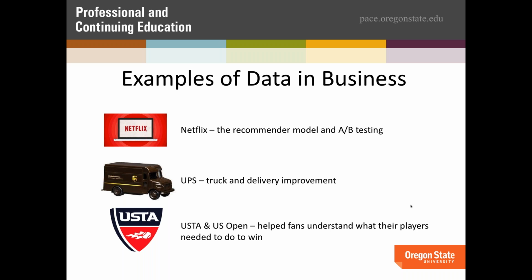You could even look at a sports organization like the US Tennis Association and the US Open. They use a lot of analysis that actually helps us as fans look at their favorite players, but it also helps the players improve. So they might take data and look to see if there are correlations for a player, for example, the speed at which they serve versus whether they get an ace on that serve or not.